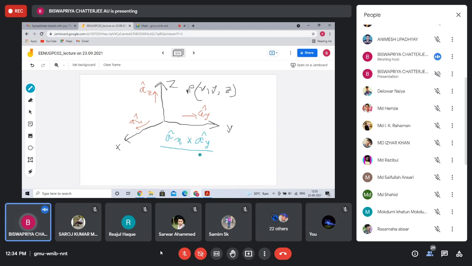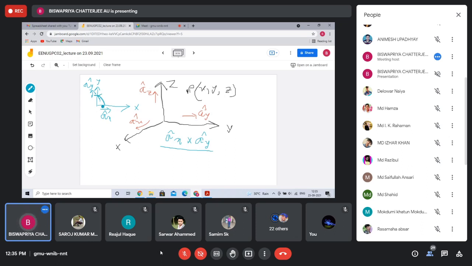Forget about the z axis: in a simple two-dimensional space, A X cross A Y means you are rotating A X towards A Y. This is counterclockwise rotation, which is considered positive rotation.